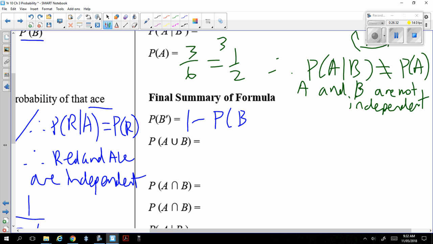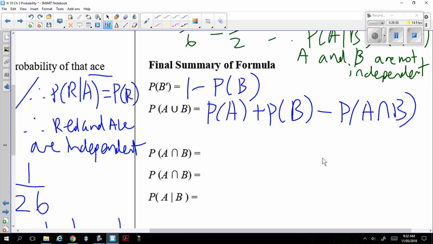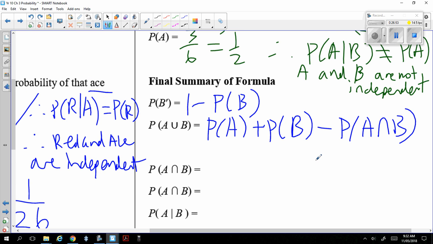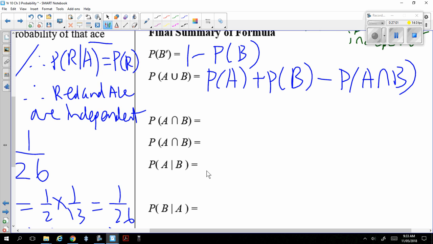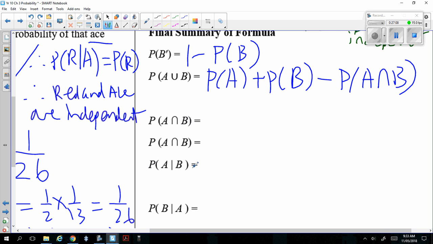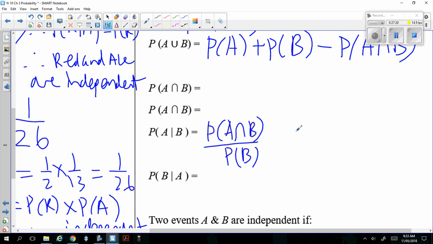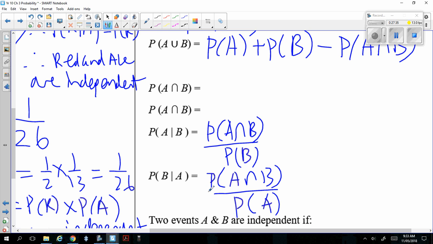Next one. Probability of A given B is probability of A and B over probability of B. This one is probability of A and B over probability of A. I think what I'm trying to write is that probability of A and B is probability of A times probability of B if independent.